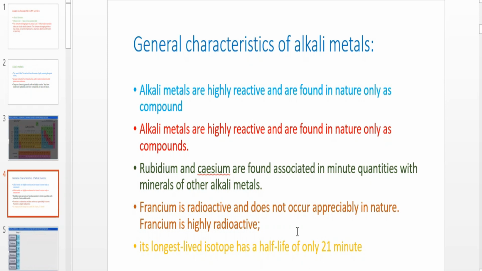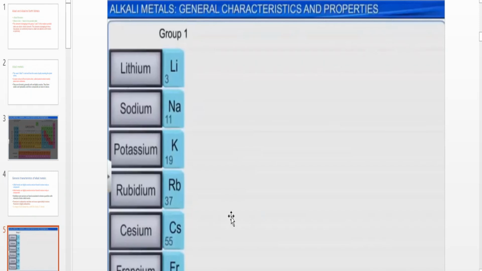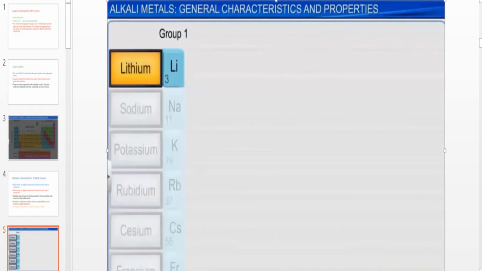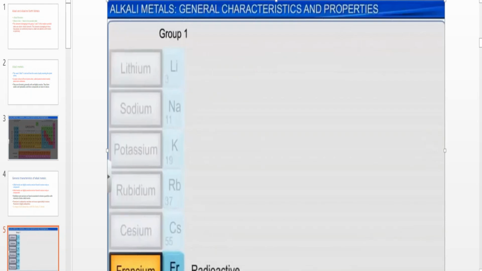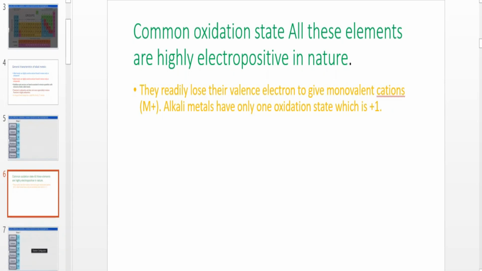The half-life period of this francium is 21 minutes. Okay, if you see the alkali metals, lithium is the most abundant alkali metal, and francium is the radioactive alkali metal.